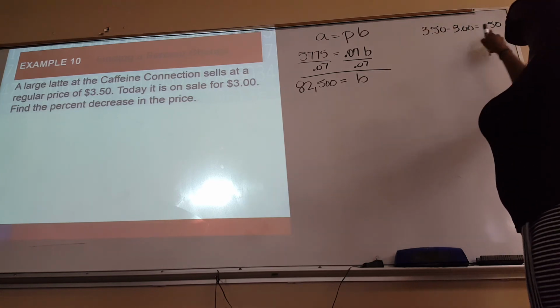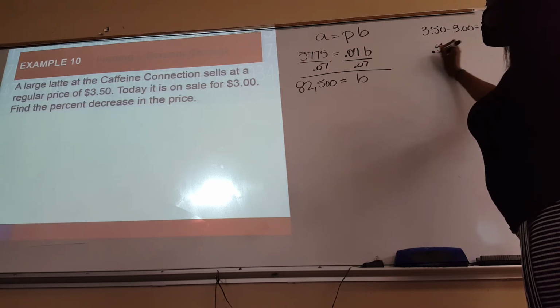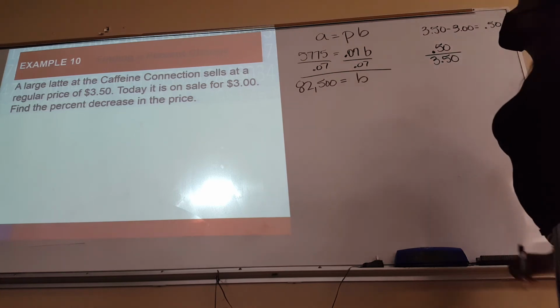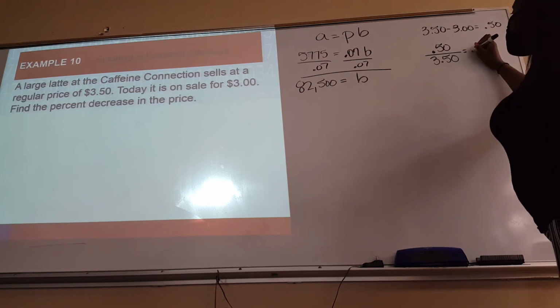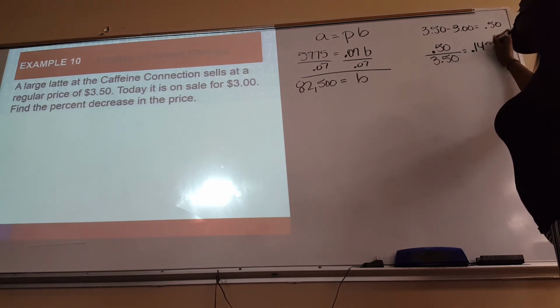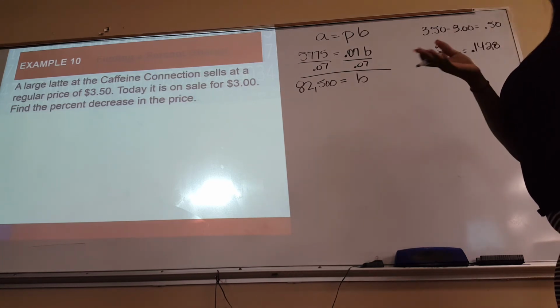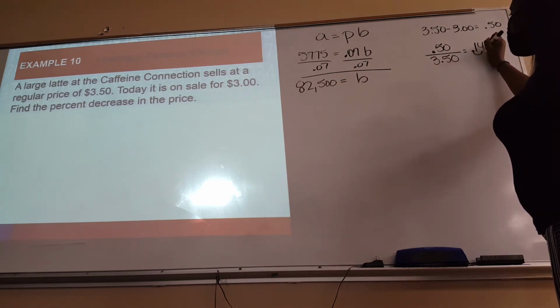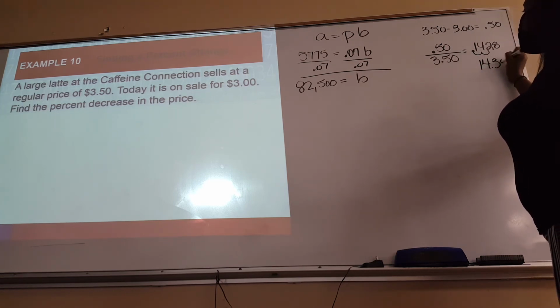Step 2, we put that decrease over the original amount. So if you actually divide this, you get 0.1428. And they'll tell you which place they want you to round your decimal to. In this case, because it's a percent, we come over 2 places to the right, and I'm going to round up to 14.3%.